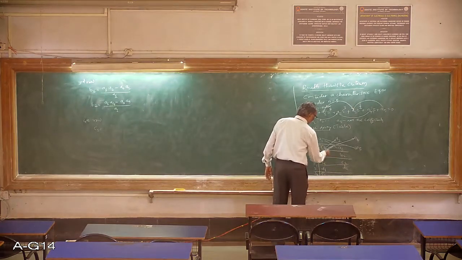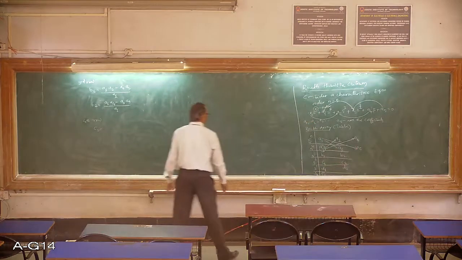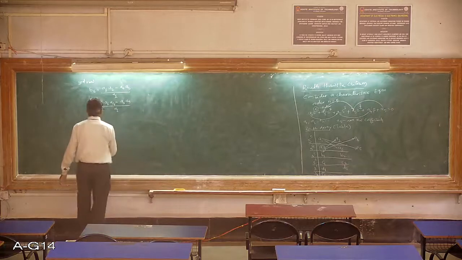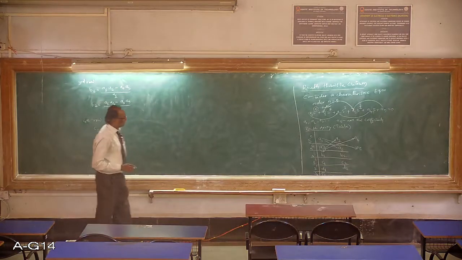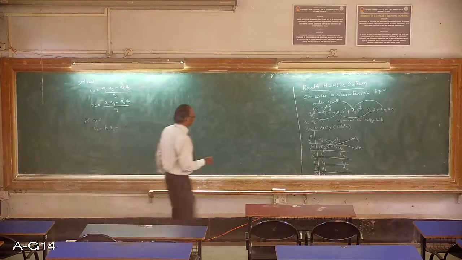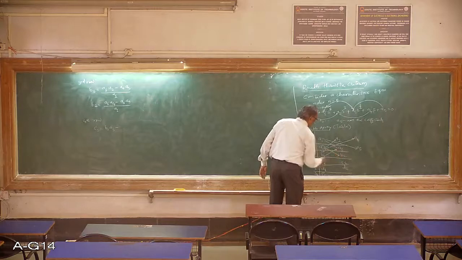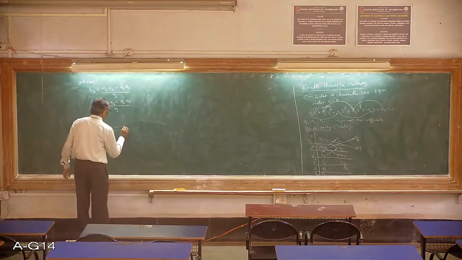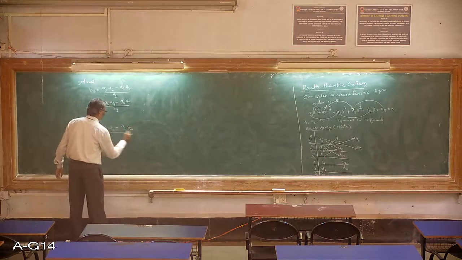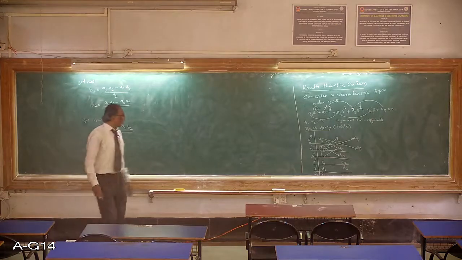C1 is B1 A3 minus A1 B2, divided by B1. Now how to get C2?